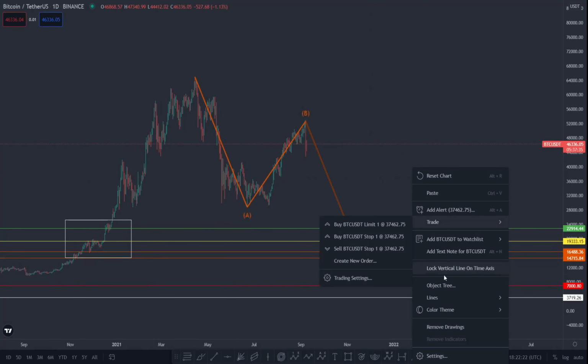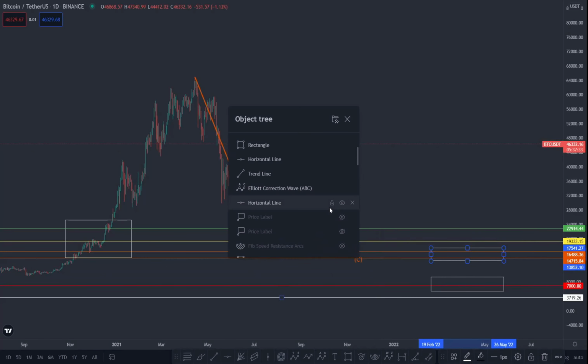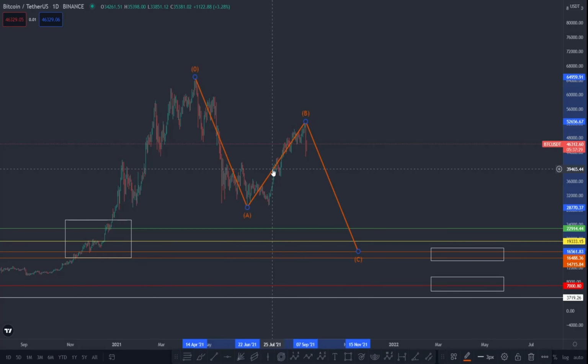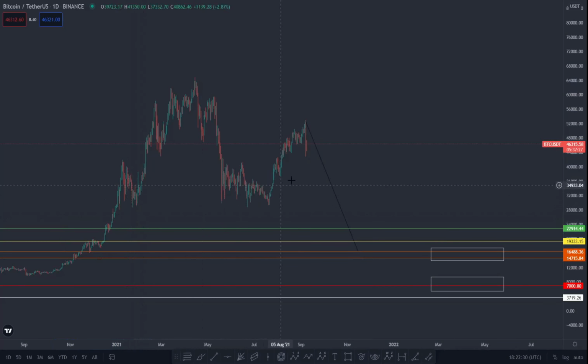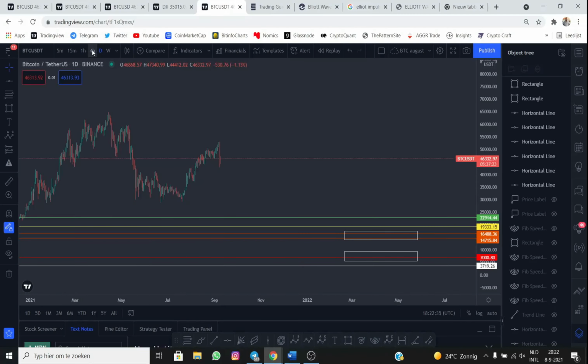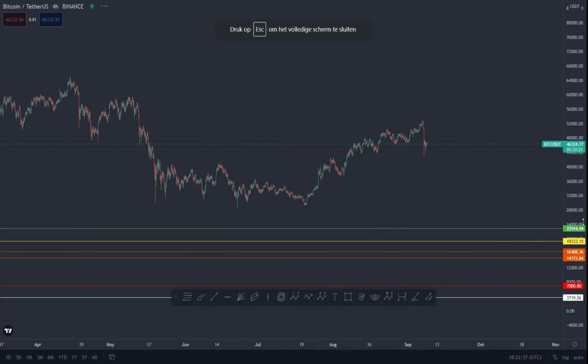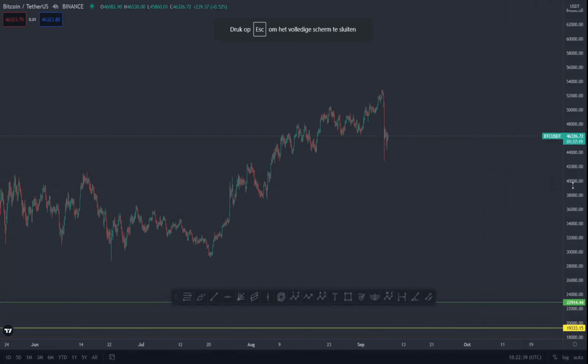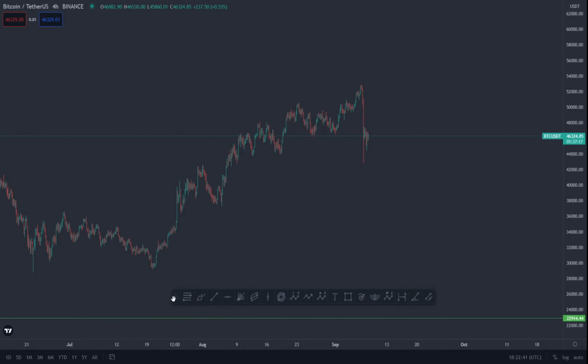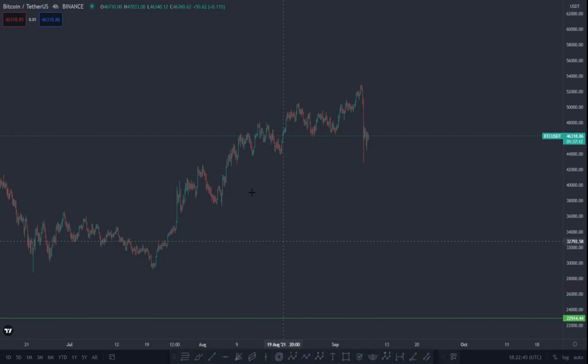Okay, so let's hop on to the lower time frame. Let's delete this one and this one. Oh, okay, let's hop on to, let's say, the 4 hour. Yeah, beautiful. So, who can spot the first impulsive wave? This one.